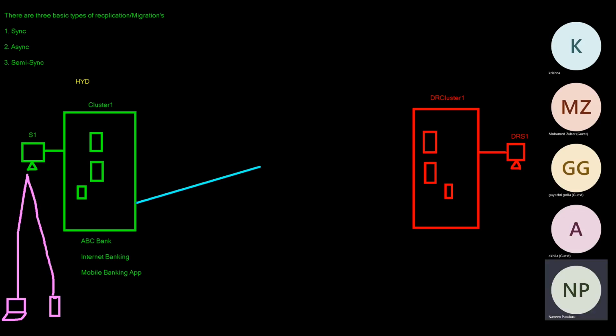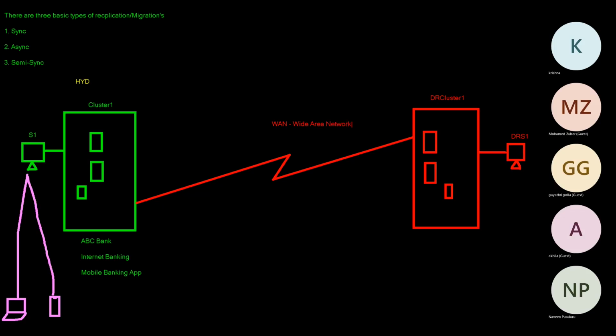I'm going to connect these two clusters with the help of WAN. Just like LAN, we have a WAN as well. WAN means wide area network. This is not a normal LAN. WAN is provided by ISPs, internet service providers.